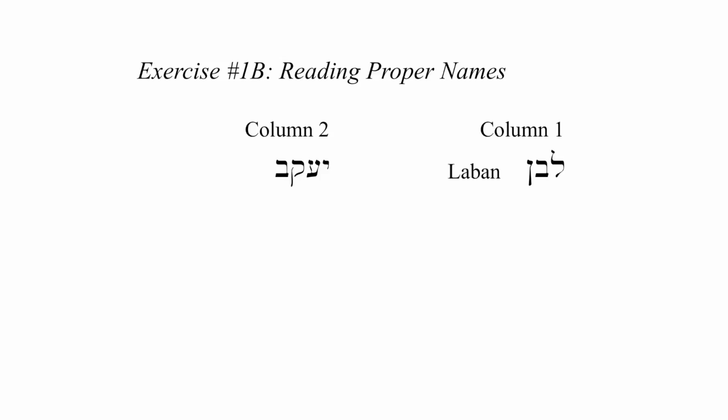It's not going to have the hard pronunciation. So if we put the ah sound between each letter, you're going to hear Ya-ah-kav, Ya-ah-kav. It's the word Jacob.